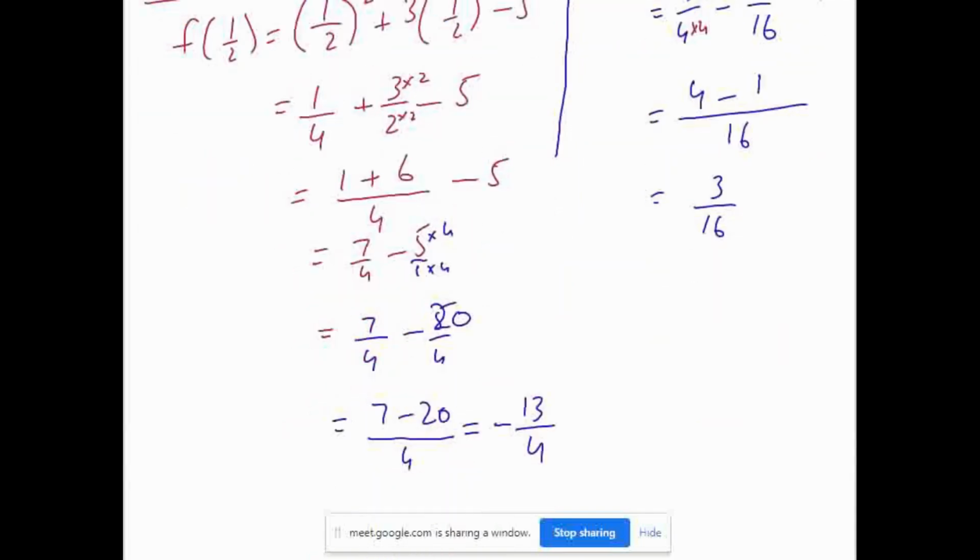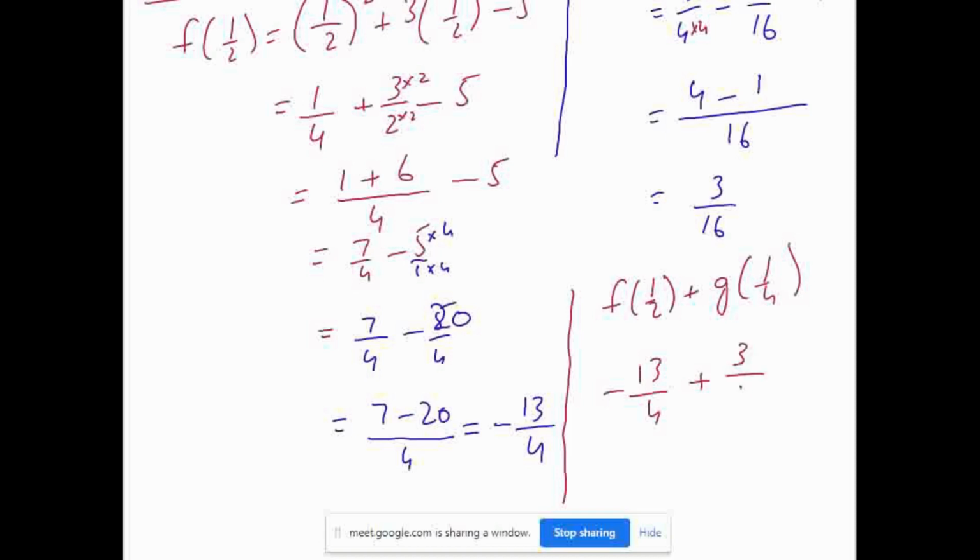Now as we can see, at the end we have to find out f of 1 by 2 plus g of 1 by 4. So as we know, this will be minus 13 by 4 plus 3 by 16. Is it?